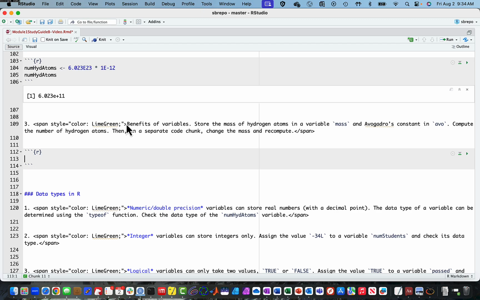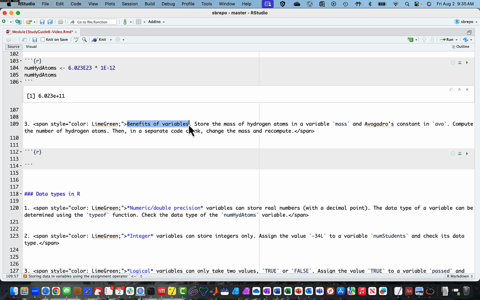And that's one of the primary benefits of variables, which is that once you have stored data in them, then you can use them later on in other calculations. So you don't have to remember all this data, because you can store the data in some variable, in some memory location, and then reuse it later. And that's one of the main sort of powers of programming.